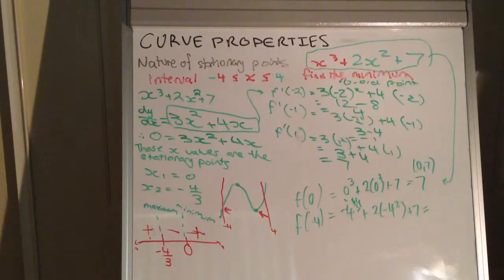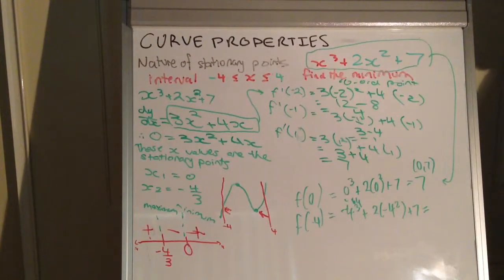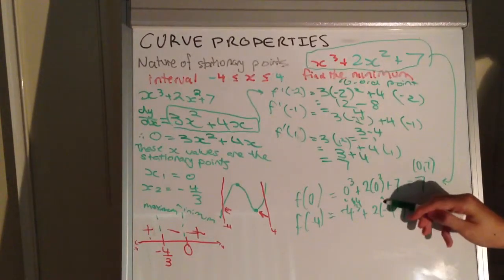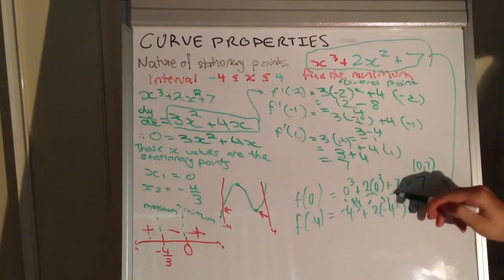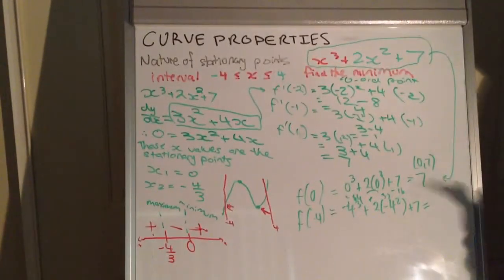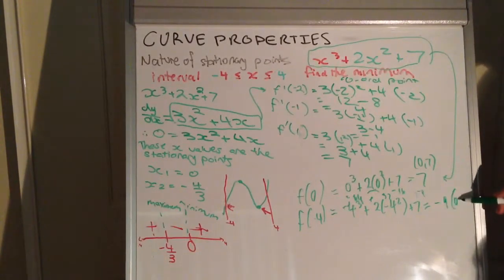And now negative 4 squared is going to be equal to positive 16. And positive 16 times 2 is going to make positive 32. So overall that's still negative 32, and now we add 7. Negative 32 plus 7 is negative 25. So we have the coordinate point, negative 4, negative 25.